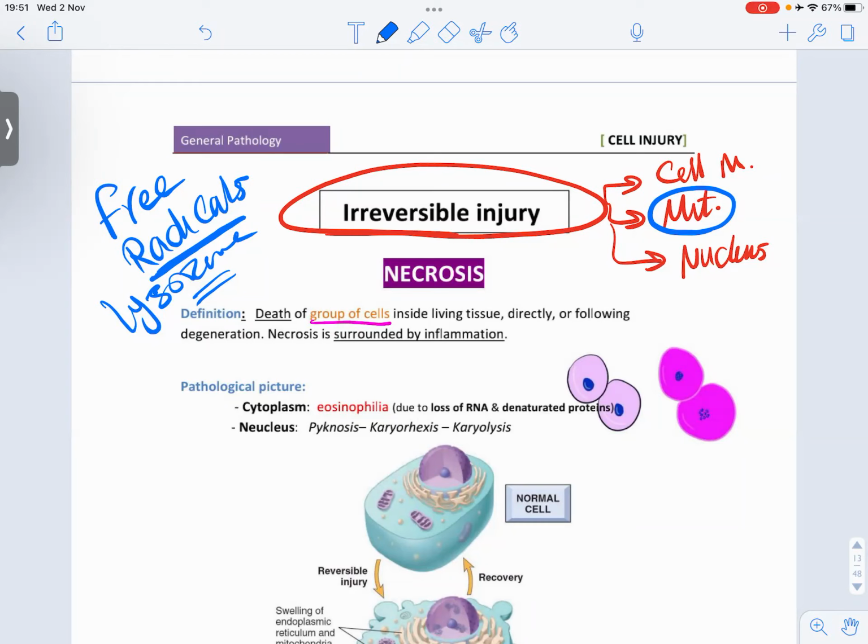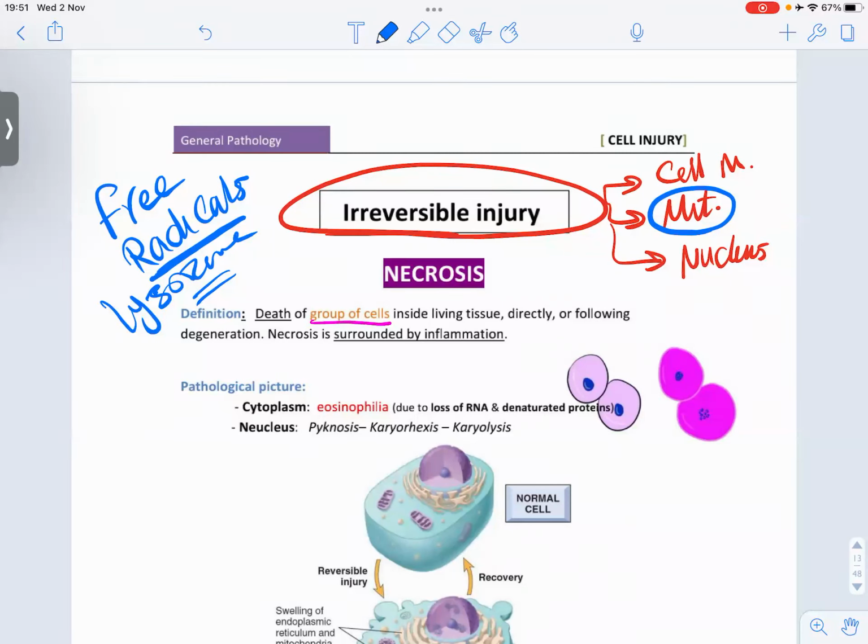The free radicals and the lysosomes will move to all the neighboring cells and start to destroy a group of cells, until the body tries to stop this process.